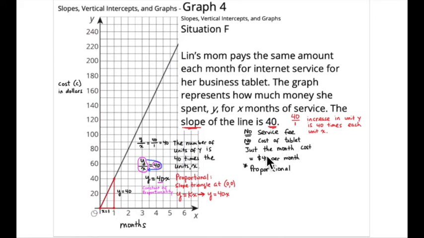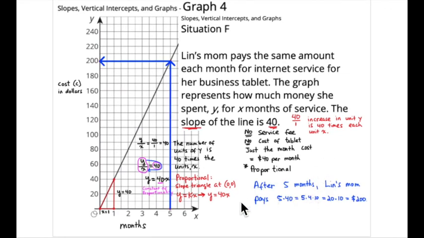So there's no service fee or cost of the tablet. It starts at 0, 0, and it increases $40 each month. So after 5 months, that's 5 times that $40. Well, 5 times 40 gets you up to $200. After 5 months, Lynn's mom pays 5 times $40, or $200. So it crosses the y-axis at 0, 0, meaning it's just the cost of the service. There's no additional cost, no additional fees.